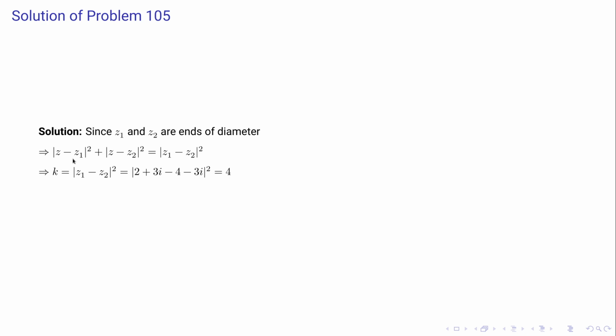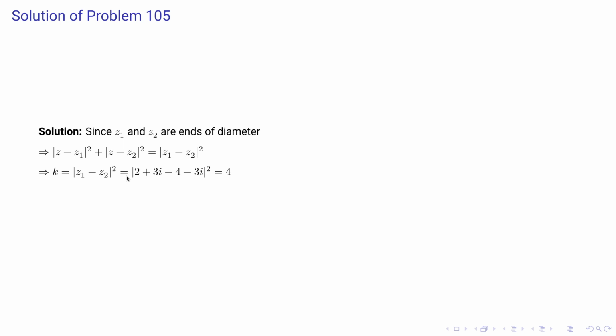So the two lines which join any point on the perimeter to the ends of the diameter, that is these two distances squared, will sum to the diameter square, that is (Z1 minus Z2) whole square.